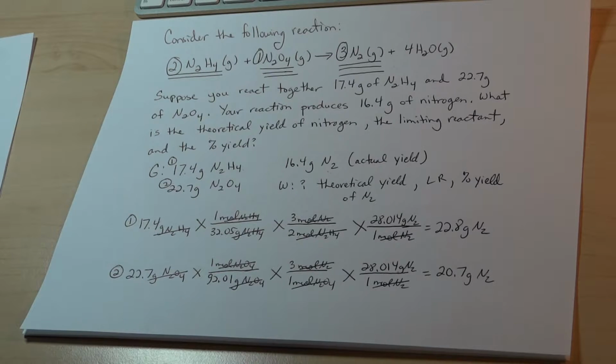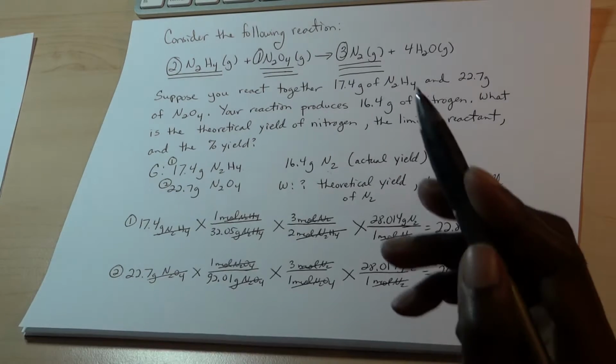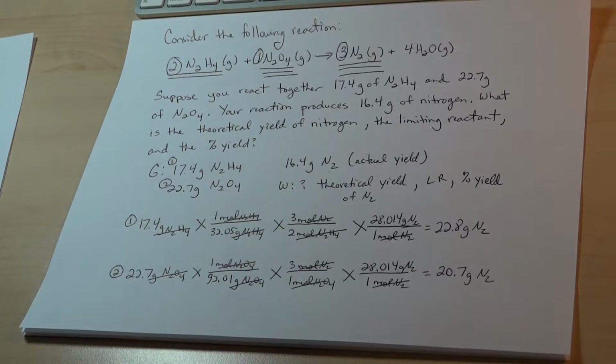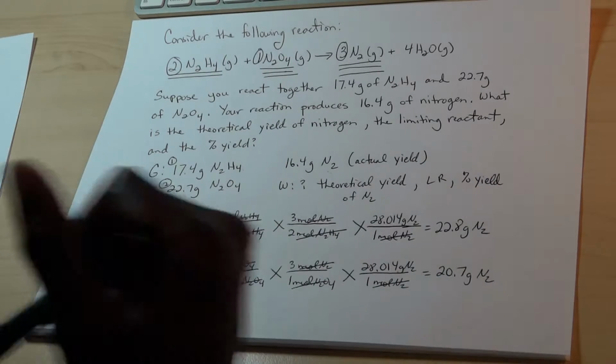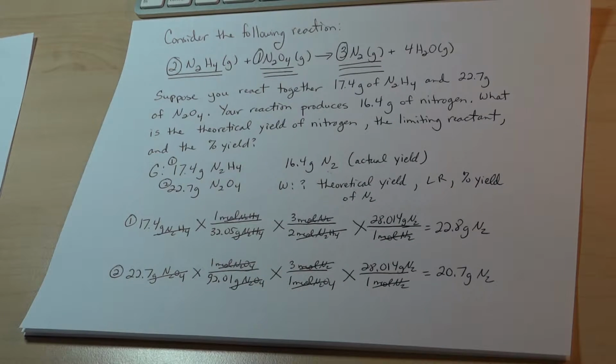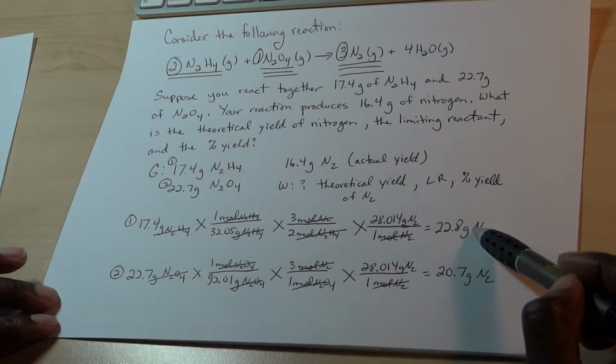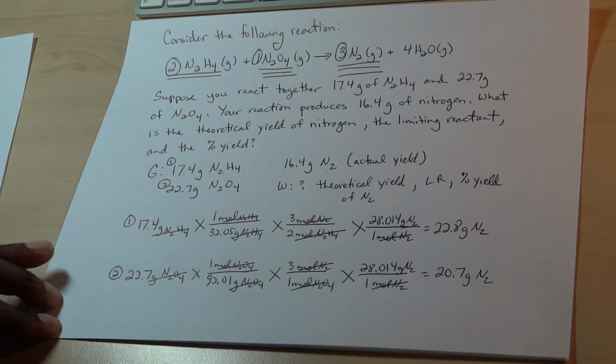Now that we've done this part, we can go ahead and answer our first two questions: the theoretical yield of nitrogen and the limiting reactant. Remember, this is called the smaller amount method. That means we compare these two setups and see which one gives us the smaller amount. We have 22.8 grams of nitrogen here and 20.7 grams of nitrogen there.